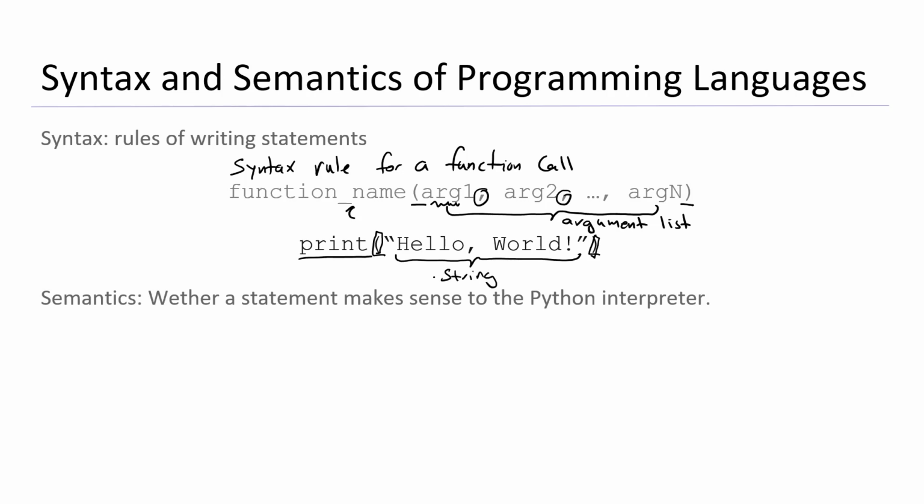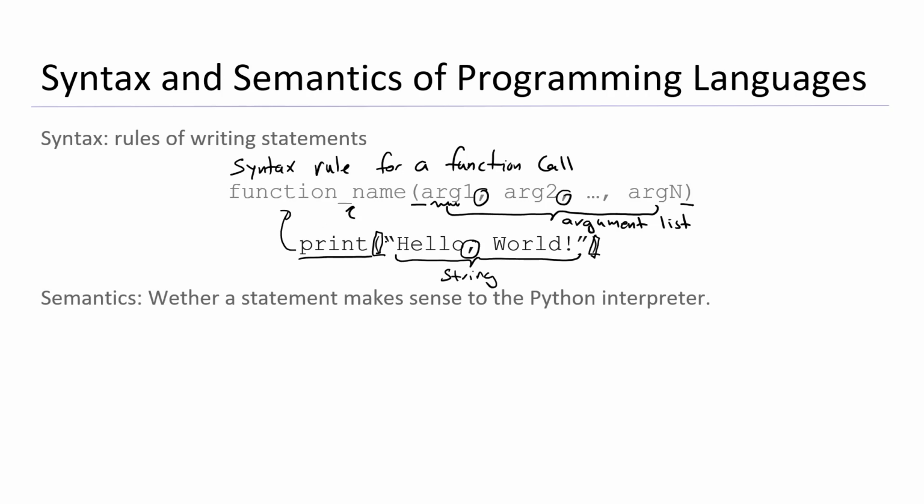hello, world. Keep in mind that this comma here is not the separator, so this comma here and that comma here are not the same. This comma here is basically to separate between arguments, whereas this comma in here is basically part of the string. So as you can see, this function call satisfies this rule.